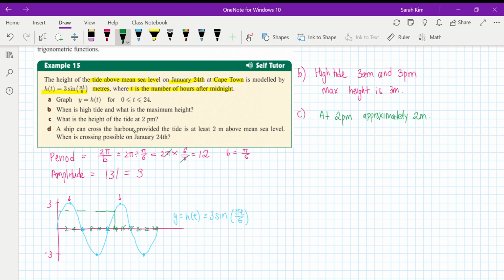That was an approximation using the graph. Let's see how accurate that would be. So I want to find 2 p.m., which is 14 hours after midnight. So whatever that value gives us.